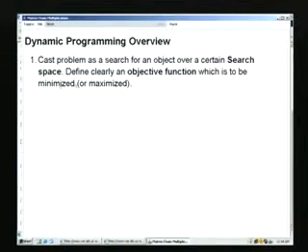This search space we have to define clearly, just to clarify our thoughts. Then we also need to define clearly an objective function which is to be minimized or maximized. In our problem, we have really done this step, because the search space is simply the space of all possible trees, and the cost function is the time, and that is to be minimized.